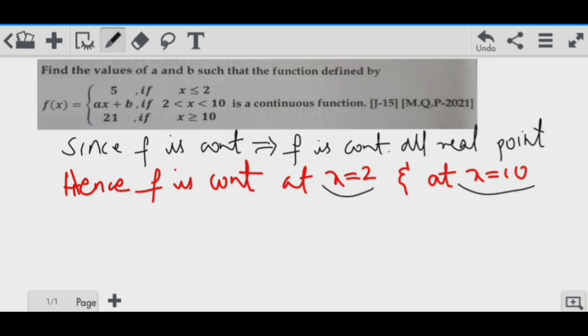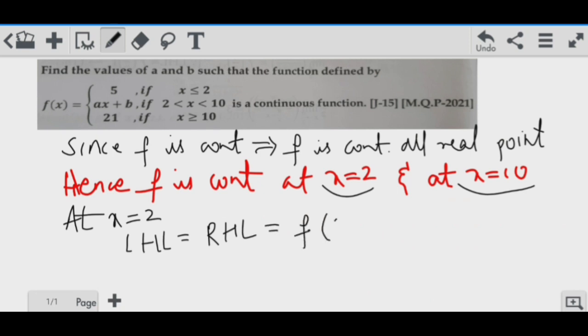So first consider the continuity at x is equal to 2. Function f is continuous at x is equal to 2. So at x is equal to 2, LHL is equal to RHL is equal to value of the function at the given point.